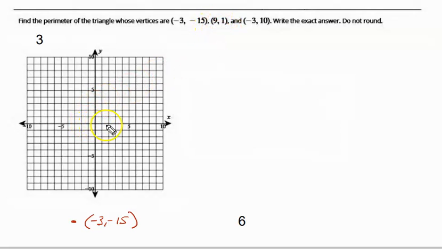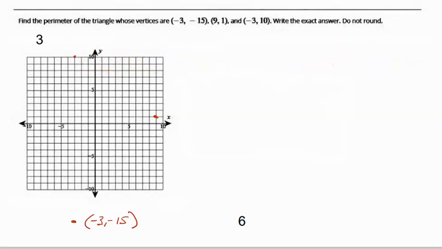So that's on the graph. We go 9, or I should say 9, 1, which is right there. And then we go and find our third point, which is -3, 10. Well, we already had a -3 down there, and then -3, 10 is right up here.